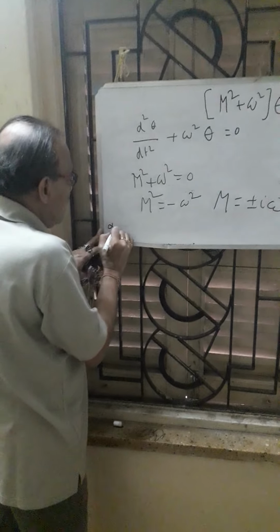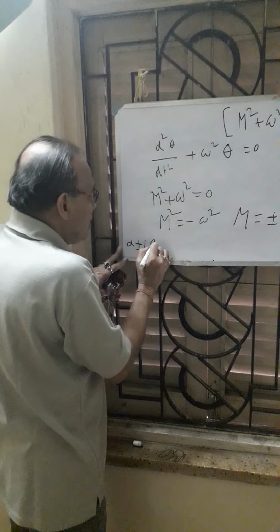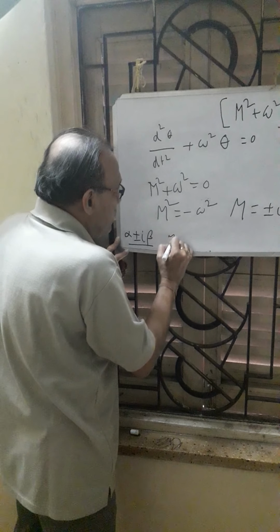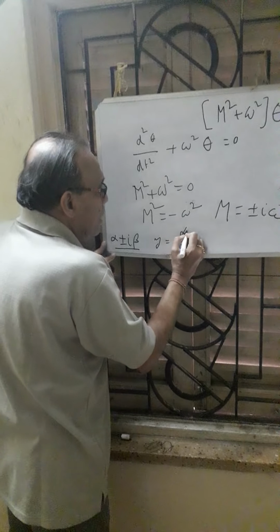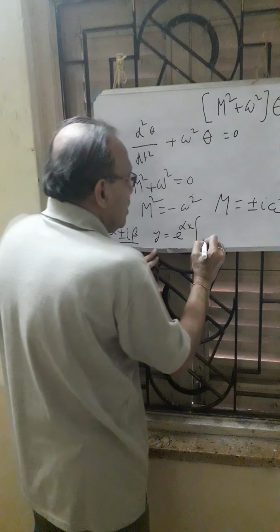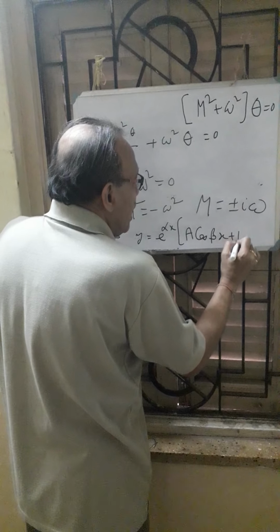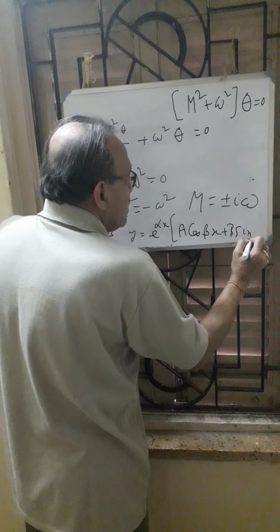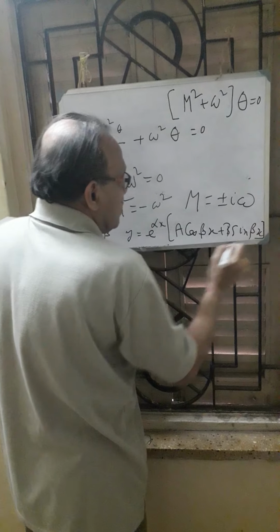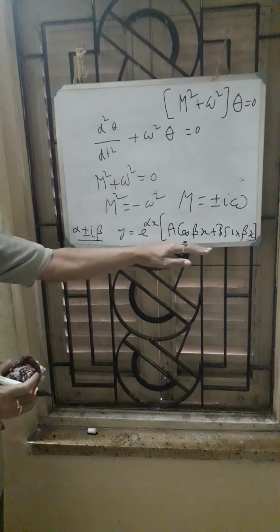You know in class 12, if the solution is alpha plus minus i beta, then the answer is y equal to e to the power alpha x times a cos beta x plus b sin beta x, where a and b are two arbitrary constants that must be there, since the differential equation is second order in nature.